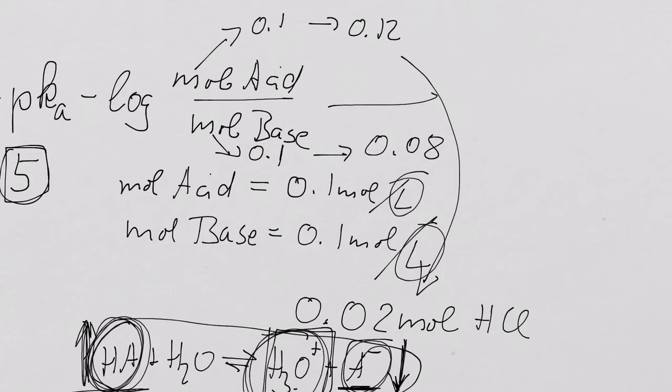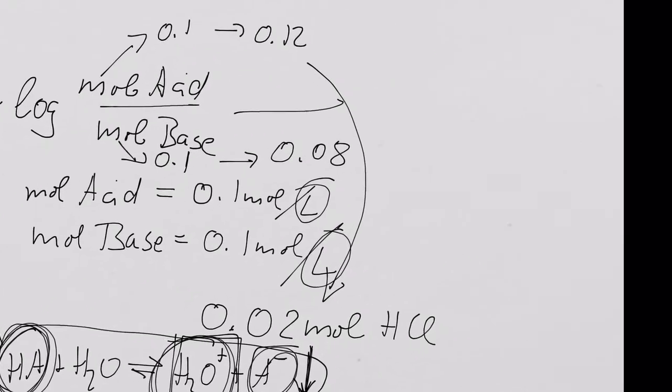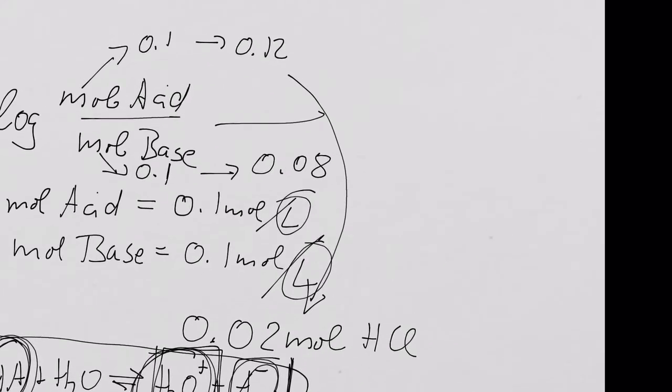So what happened? Our new pH is actually pH equals 5 minus log 0.12 divided by 0.08. Can somebody please calculate what the pH in this case is?